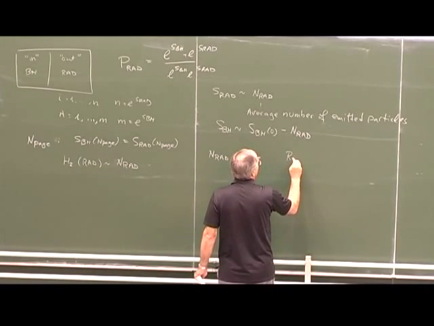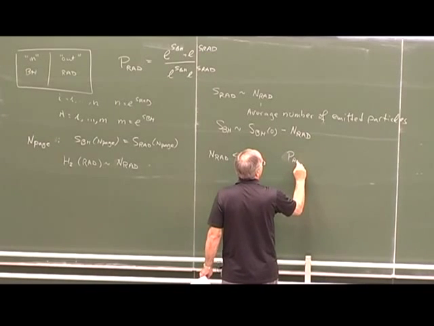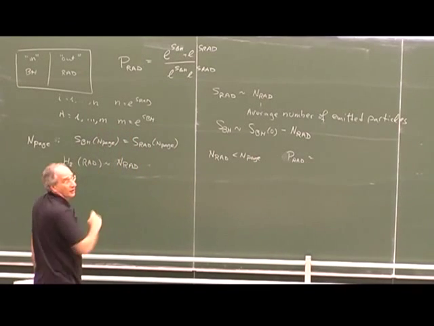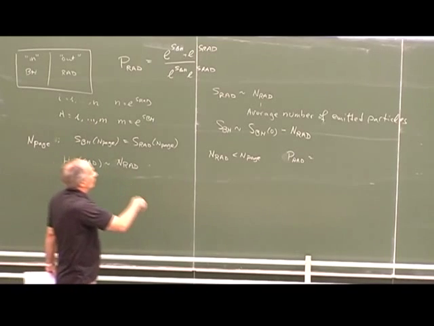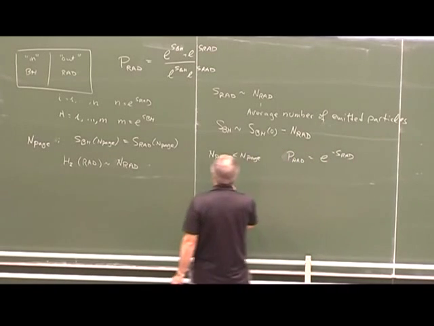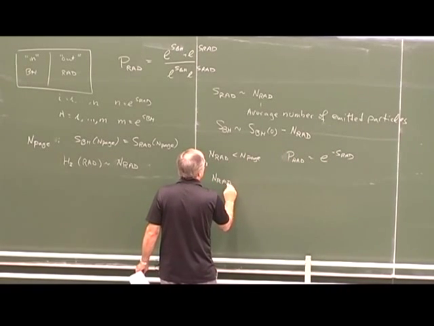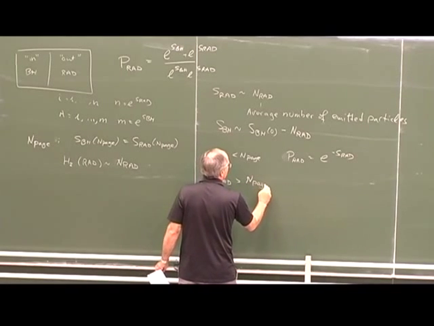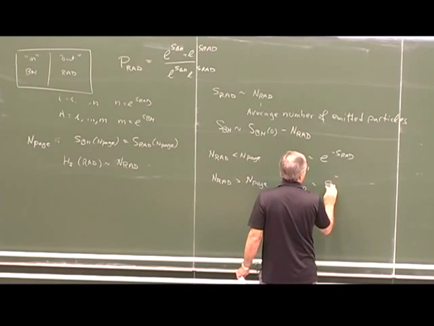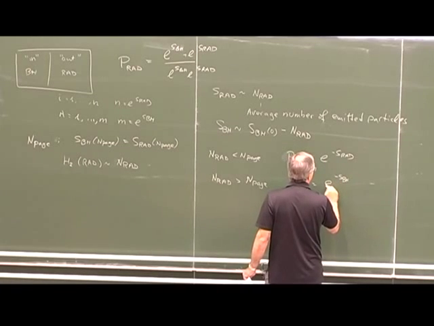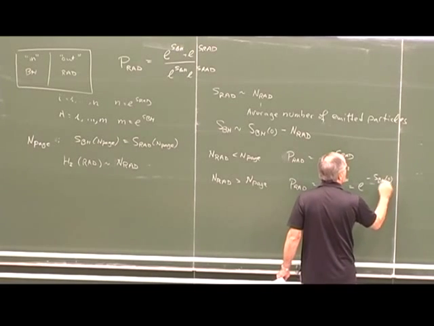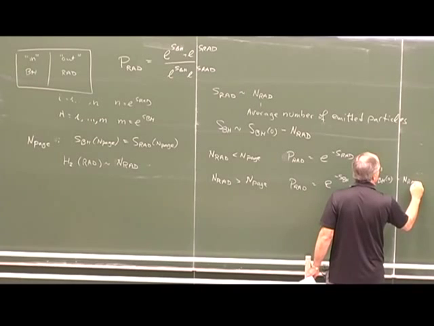Then P_rad is, in this case, S_rad is exponentially smaller than S_BH, so P_rad is e to the minus S_rad. And if n_rad is bigger than n_page, then P_rad is e to the minus S_BH, so this is e to the minus S_BH of 0 minus n_rad.